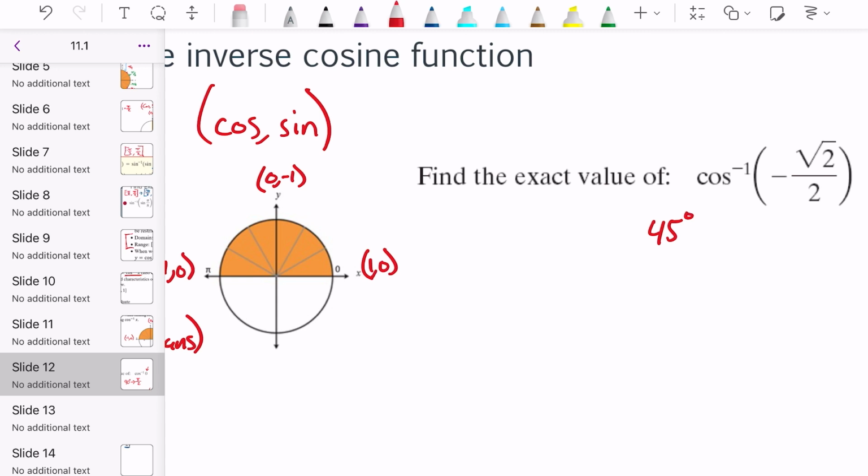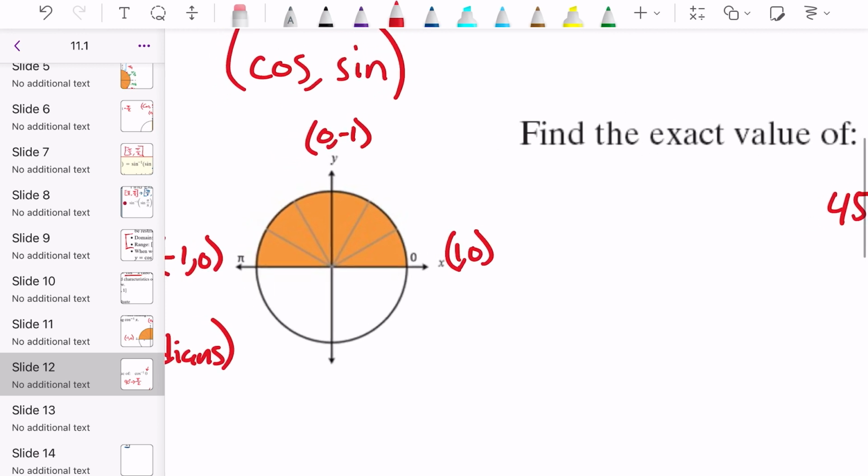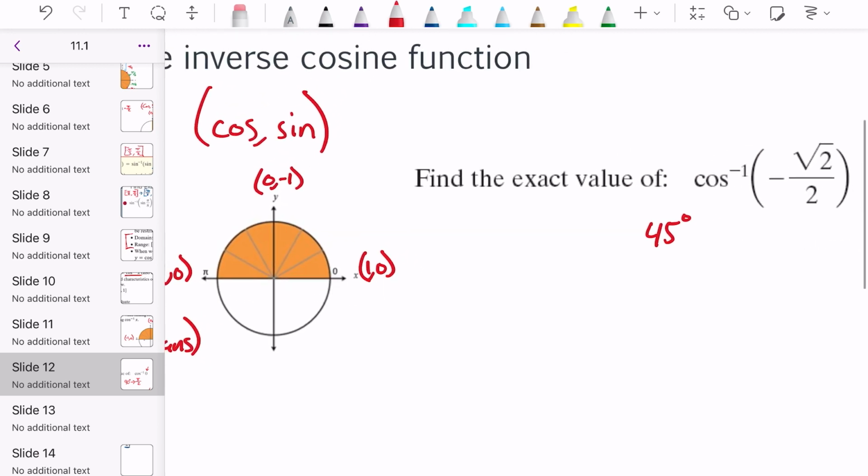Now, since we are working at the negative square root of 2 over 2, this would have us fall on the left side of our unit circle, at a negative.